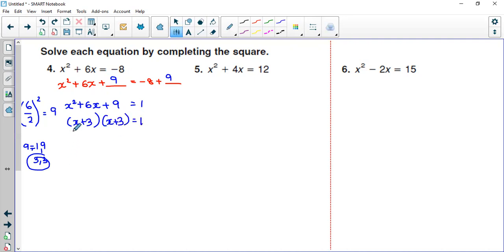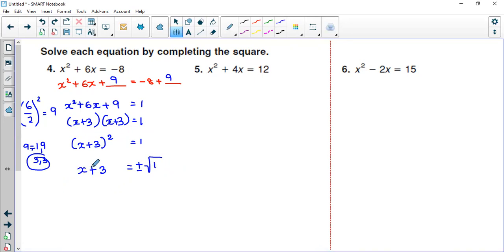Right? Now x plus 3 can also be written as x plus 3 whole squared, which means x plus 3 multiplied by x plus 3 equals 1. We are going to remove the square sign after this. So to remove the square sign, you're going to give it to the 1. So we usually write it in this form, plus or minus root of 1.